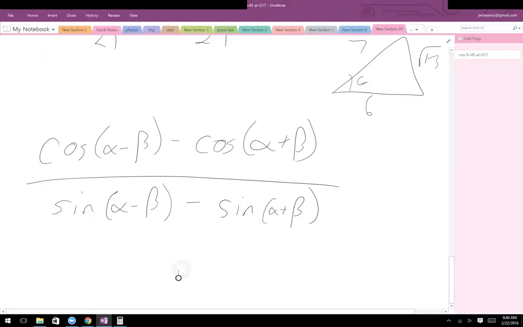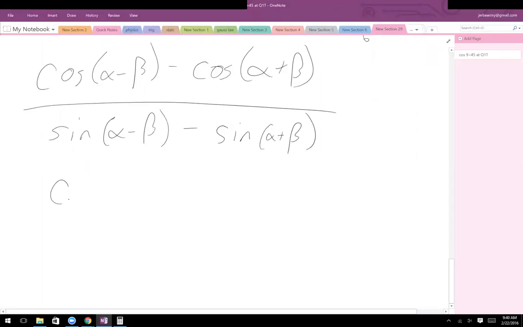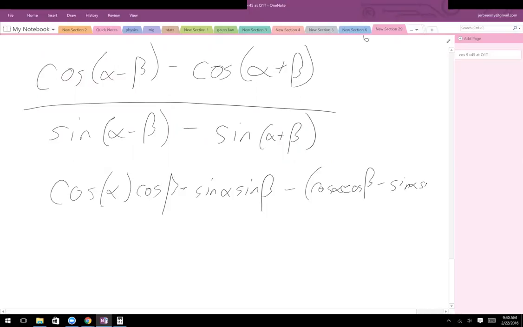So cosine of alpha minus beta is cosine alpha cosine beta plus sine alpha sine beta. So that's my first term. Then minus cosine alpha cosine beta minus sine alpha sine beta.